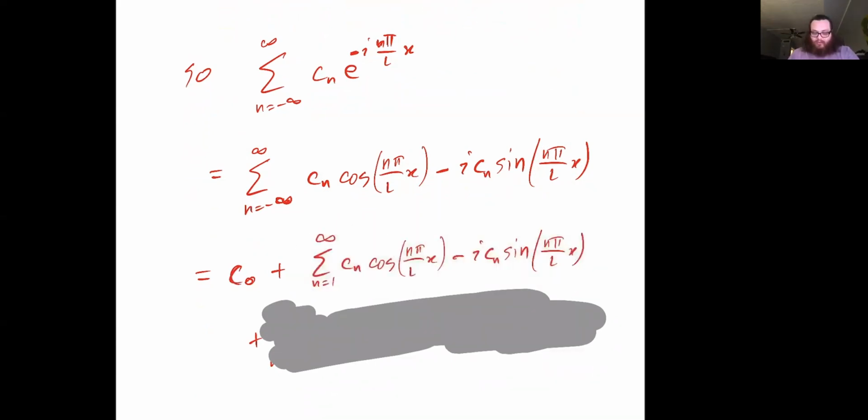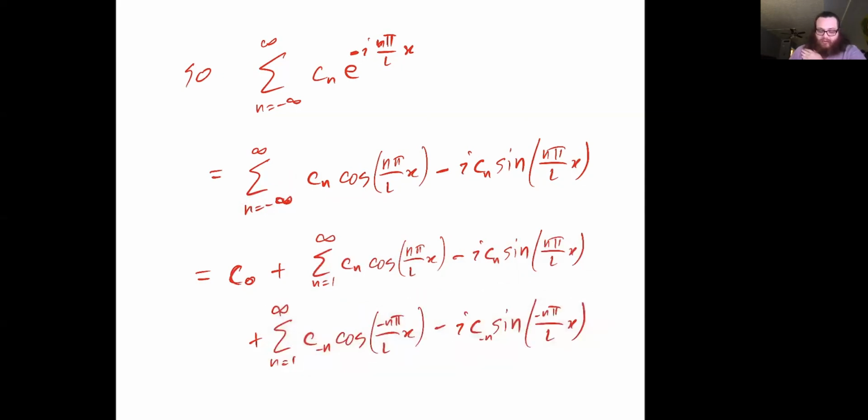For the positive piece, we don't really need to do anything. This is good as is: plug in n, it's positive, don't need to worry about the sign here or there. Now for the negative n, we write it so that we're summing over n equals 1 up to infinity, positive, but we incorporate the negative sign in these actual arguments.